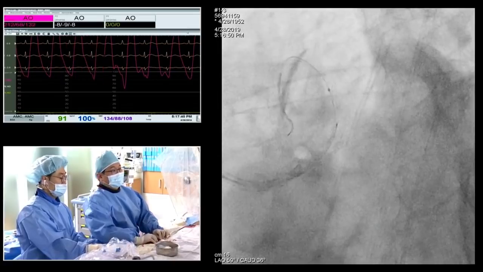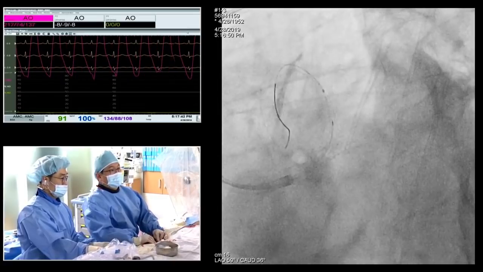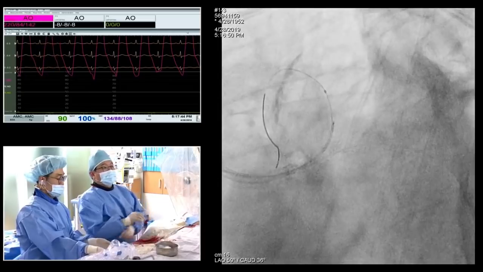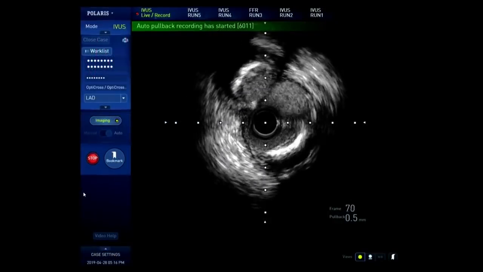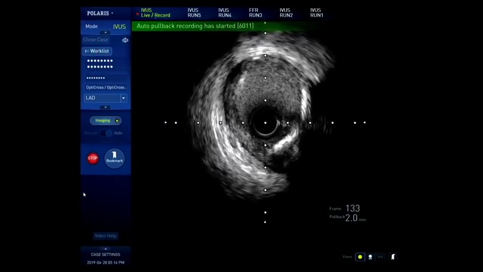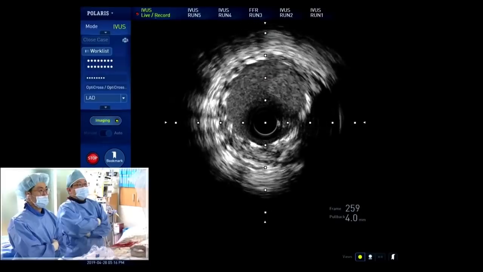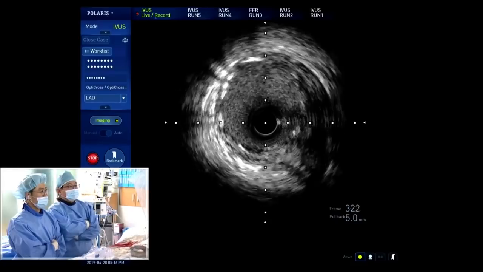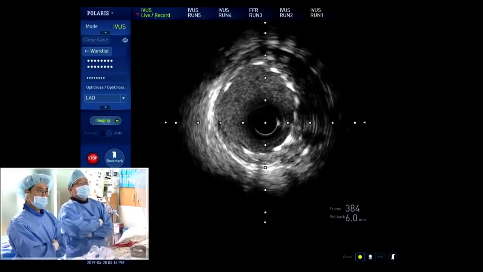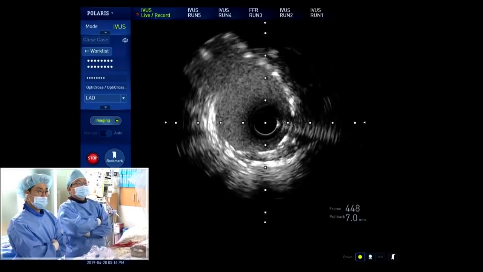Okay, this is the LAD. Learn, please. Okay, this is just above the first diagonal branch. You know, there is too much plaque that prevents full stent expansion. It's like putting on shoes with 3 pairs of socks.